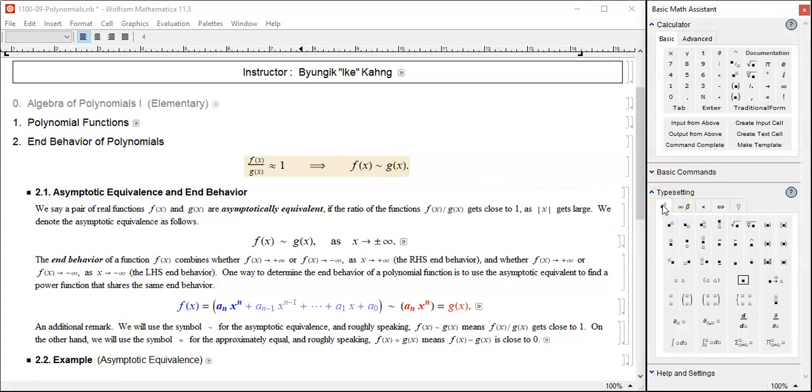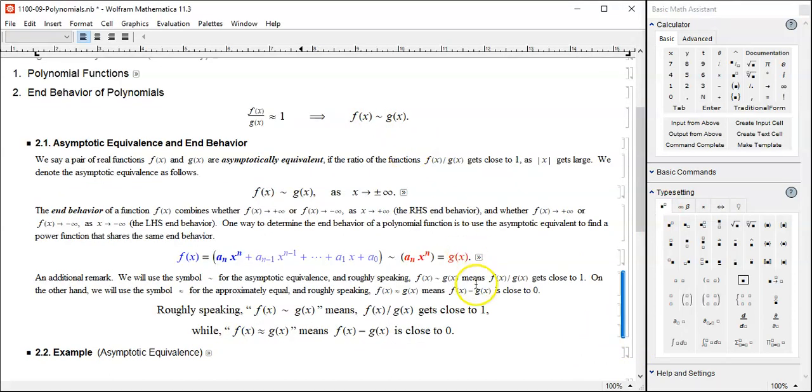What's the difference between the two? The single dash here, asymptotic equivalence, means the ratio gets close to 1. And the double dash here, approximately equal, means the difference is close to 0. So there's a subtle difference between one and the other.